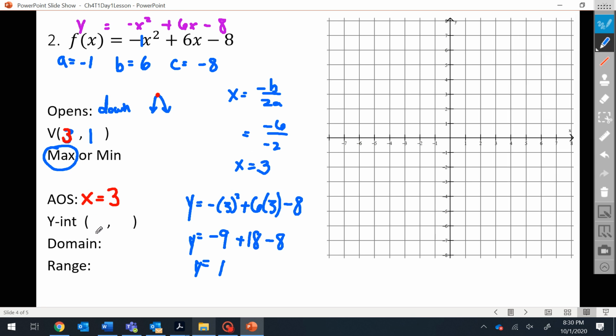The y-intercept always starts with 0, and then the y-coordinate is the c value, so 0, -8. You can see that if you plug in 0, this term disappears, and so does this one. All that's left is the -8.